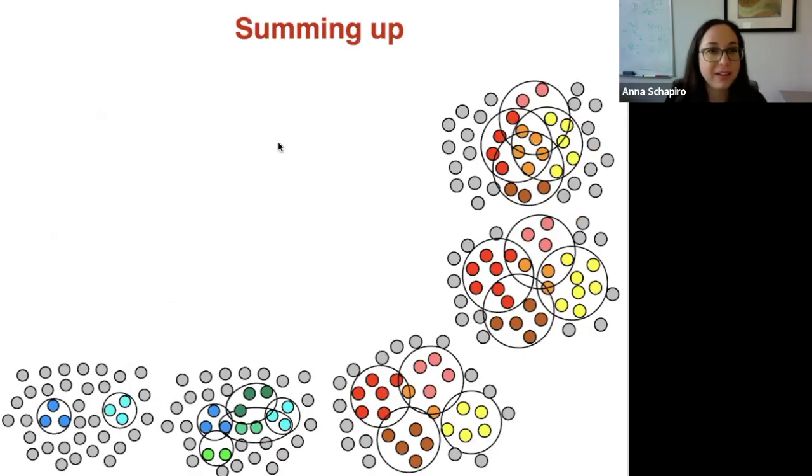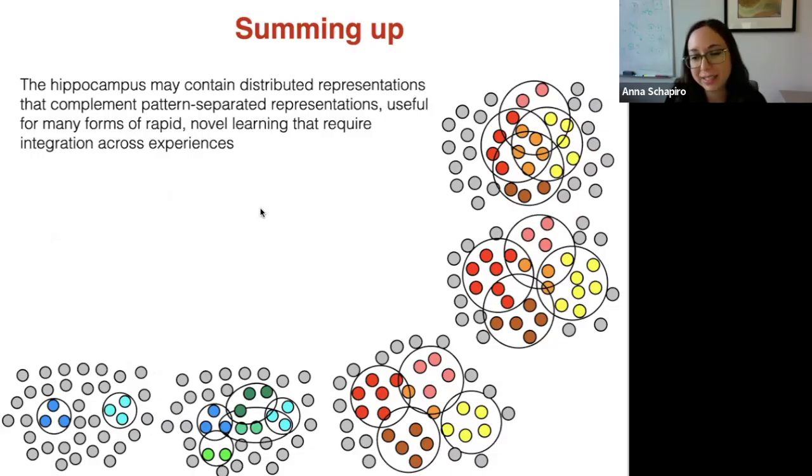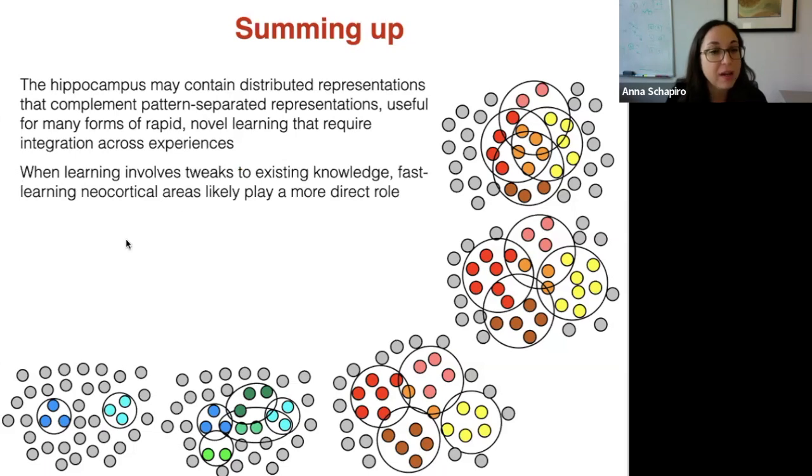Okay, but I will give you my overall summary, and then I'm excited to take your questions. So the hippocampus, we think, might contain these distributed representations that complement the classic pattern separated representations, and this should be useful for many forms of rapid novel learning requiring integration across experiences.